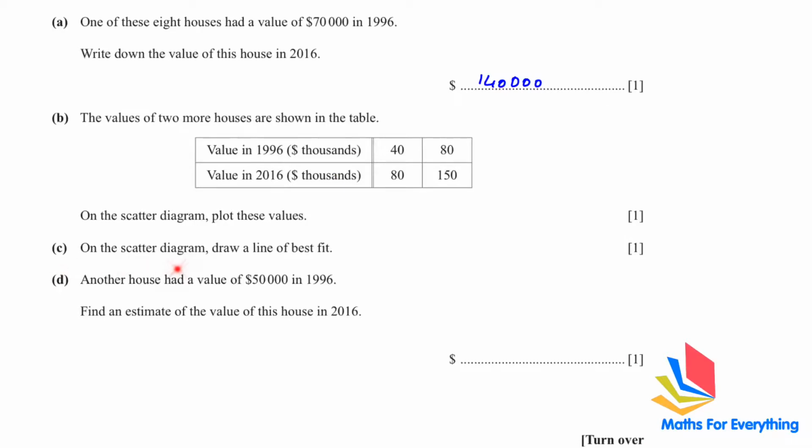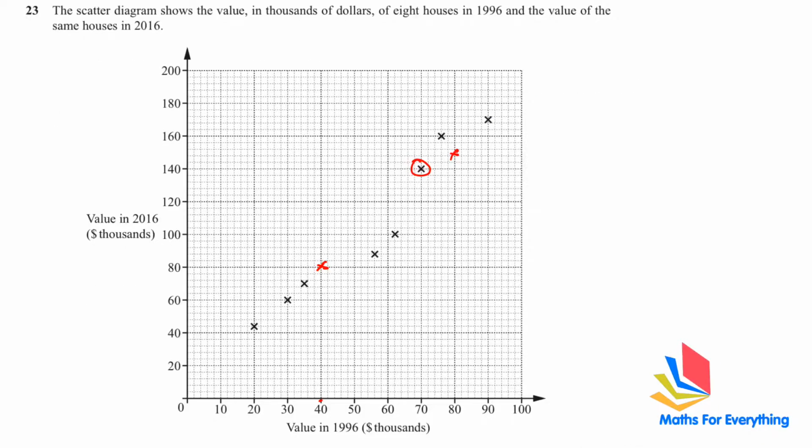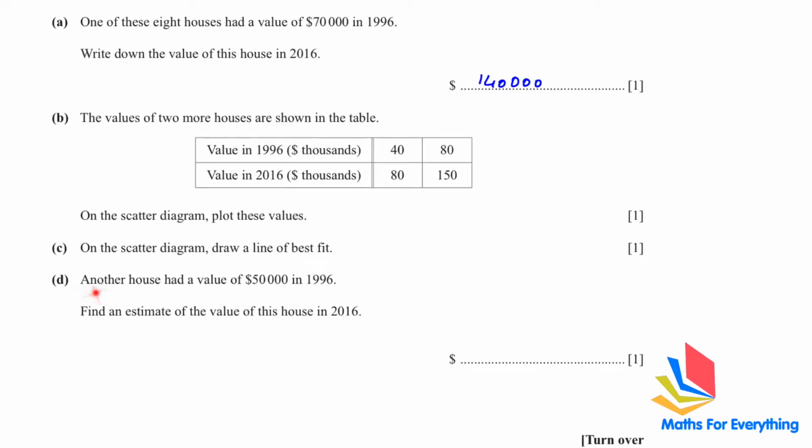Now on the scatter diagram, draw a line of best fit. So we will draw a line of best fit here. Try to put an equal number of crosses on either side of the line. This is the line of best fit. Part D, another house had a value of 50,000 in 1996.